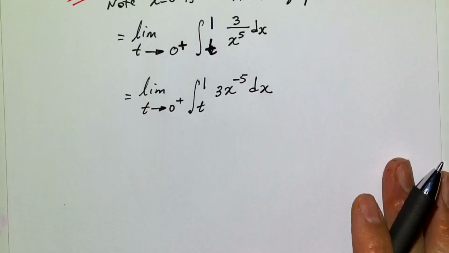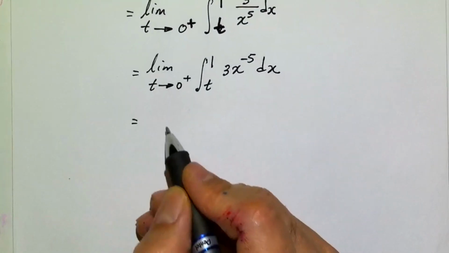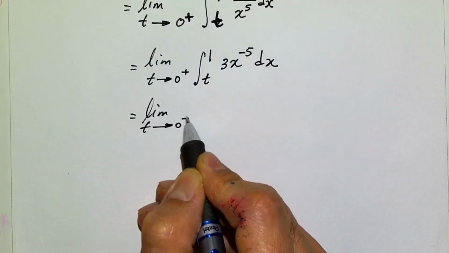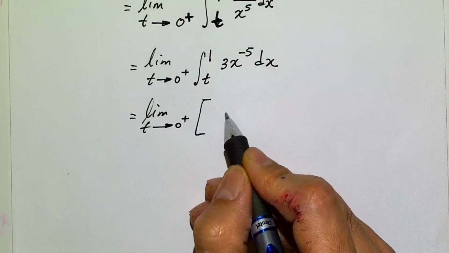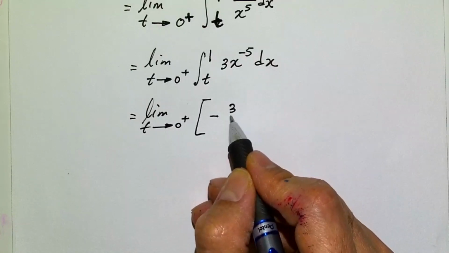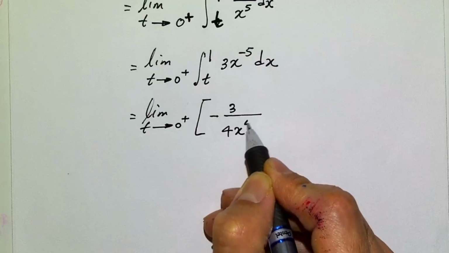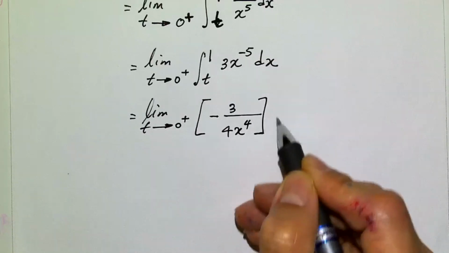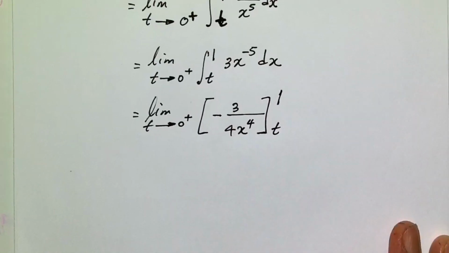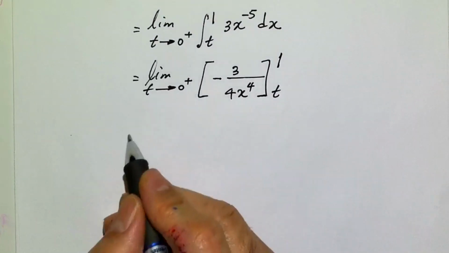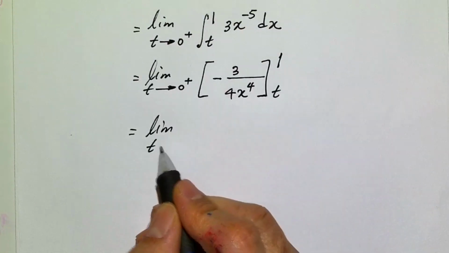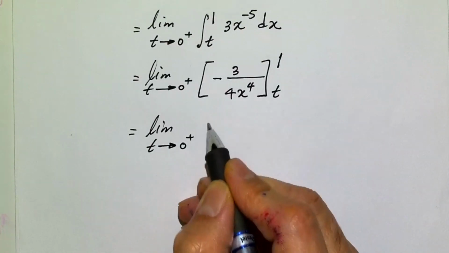So this is what we get: the limit as t goes to 0 from the right of minus 3 over 4 times x to the 4th power, and of course the limits of integration are t and 1. Okay, so let's evaluate this quantity and then apply the limit.